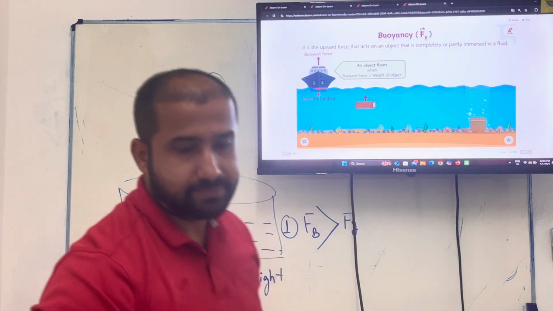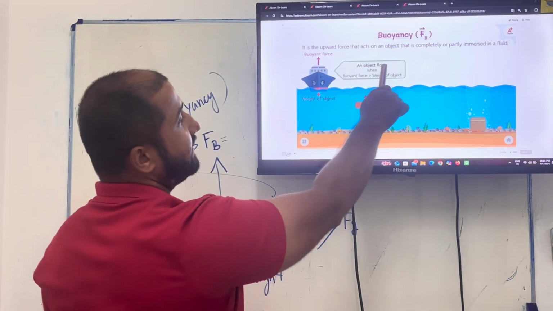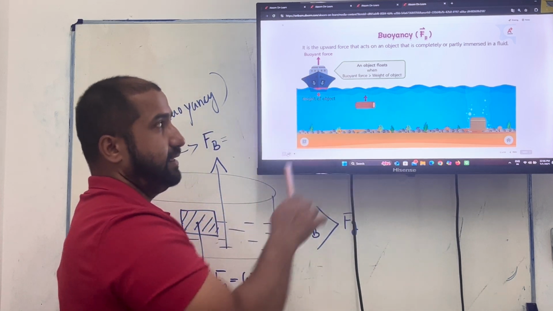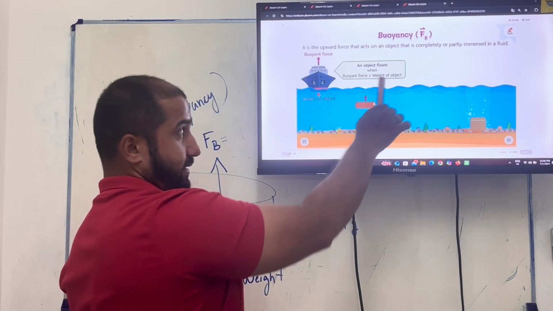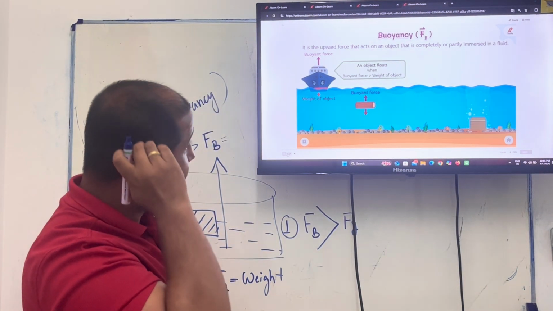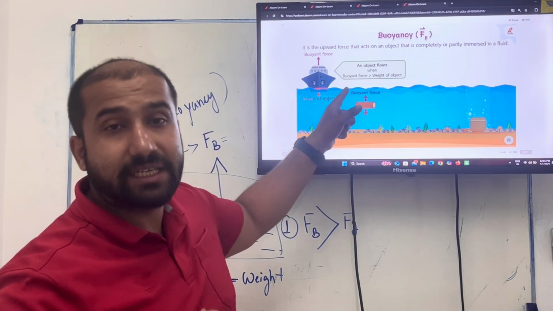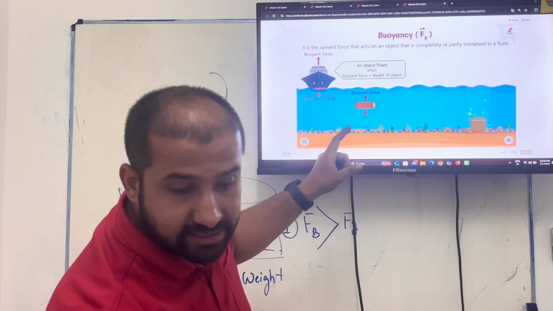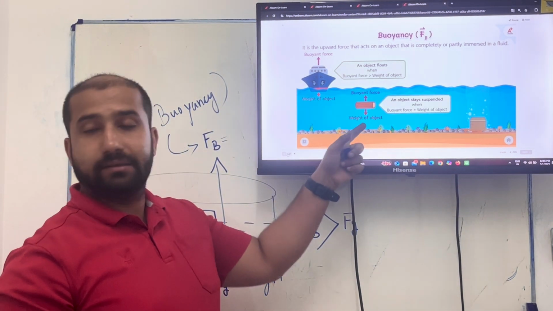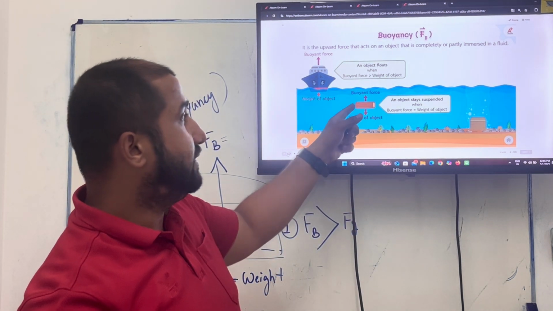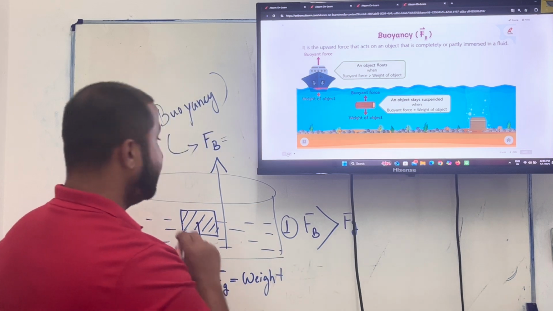Next, the object floats because the buoyancy force of the ship is more than the weight of the object. Next, again, the wooden log will also experience buoyancy force. It will also have its weight going downwards. It tries to take it down, but it will stay submerged.